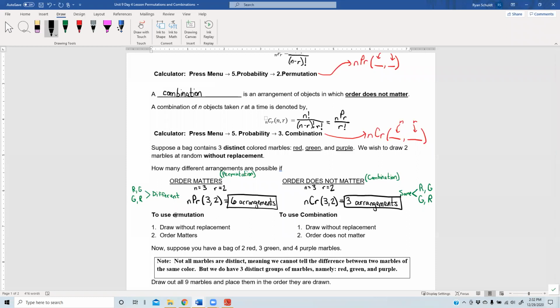Let me capitalize this P. Okay, so to use permutation, you draw without replacement and order matters. To use combination, you still have to draw without replacement, but order does not matter. That's the difference in the two. Permutation, order matters. Combination, order does not matter.